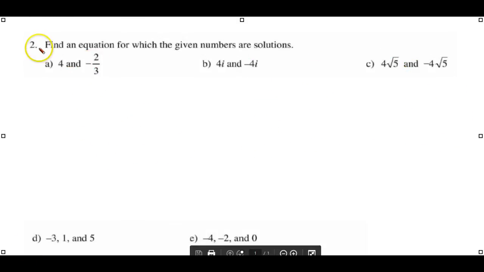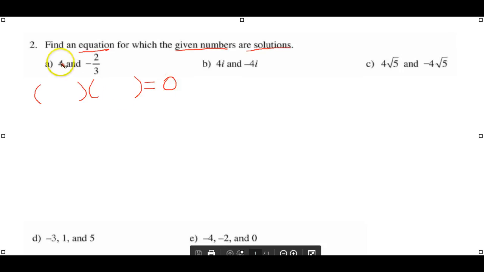Now for example 2, they're asking us to find an equation for which the given numbers are solutions. So here we have the answers. We need to work backwards. So we're going to put those in parentheses and have it equal 0.